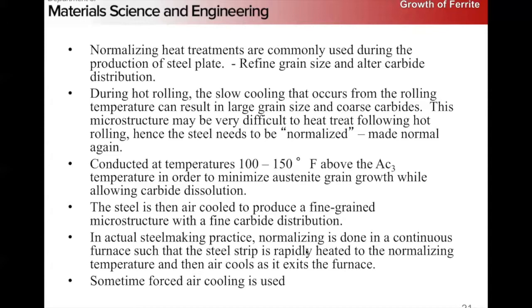In actual processing, normalization is done in a continuous furnace, right? So we take our strip steel, and it's rapidly heated to the normalization temperature, and then air cooled. It exits the furnace. So it's just rolled through basically a hot zone in the furnace, and depending on the product, sometimes forced air cooling might be used.